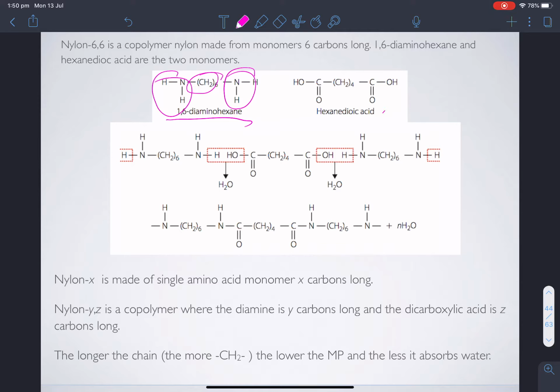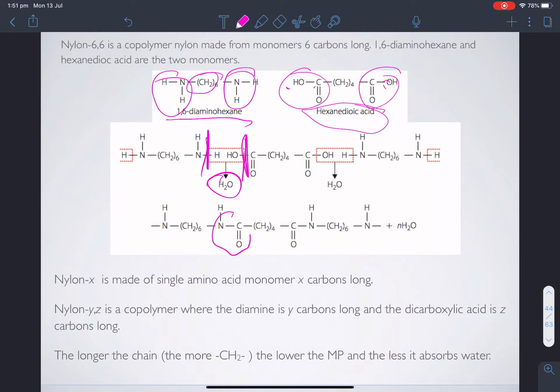And we also have hexanedioic acid, where I have the hexane backbone, but on the ends I have 2 carboxylic acids. So they polymerize as a copolymer. You get the NH bond and the carbonyl CO bond breaking, forming water in between, okay? And so you get this one here.